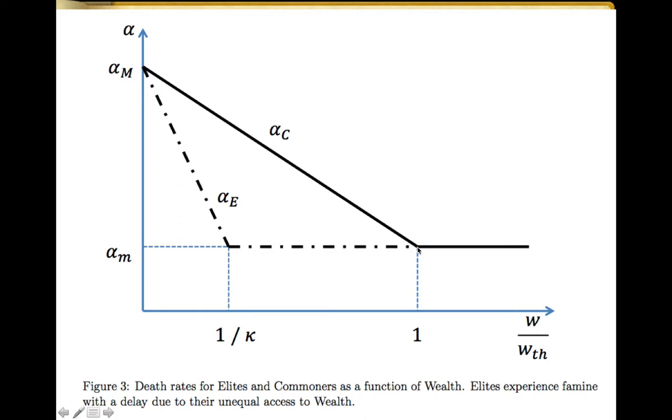Once you hit these thresholds for the commoners and for the elites, the death rates start increasing very, very quickly, and then you have a maximum death rate up here that is common to both populations, although it doesn't have to be. You can conceive these to be different. But this is a nice picture to represent the relationship between death rate and wealth in the system, and also inequality between the two cohorts of population.